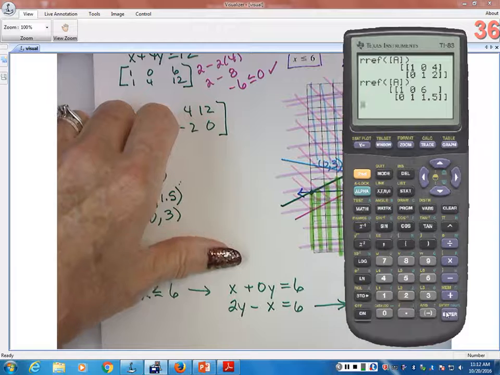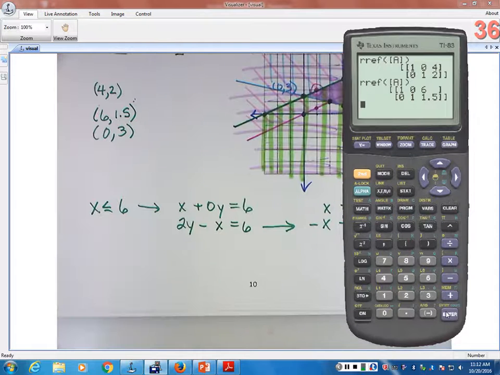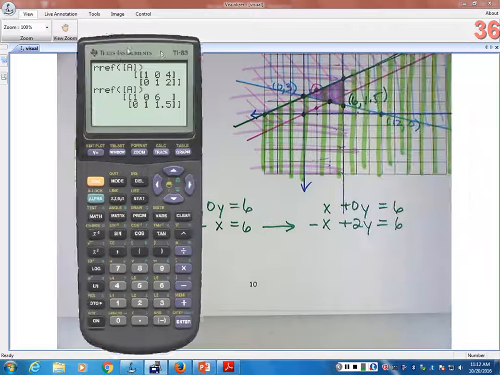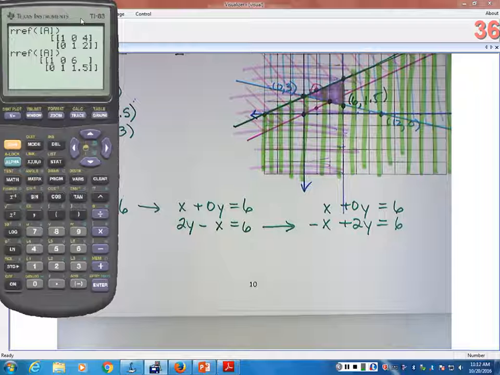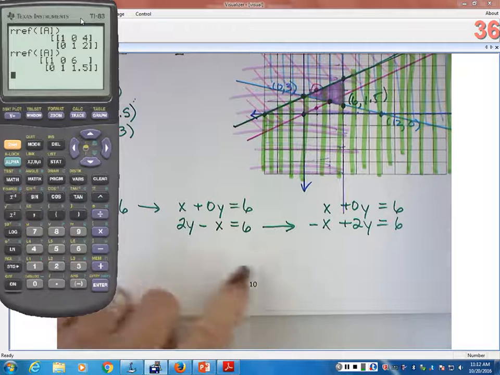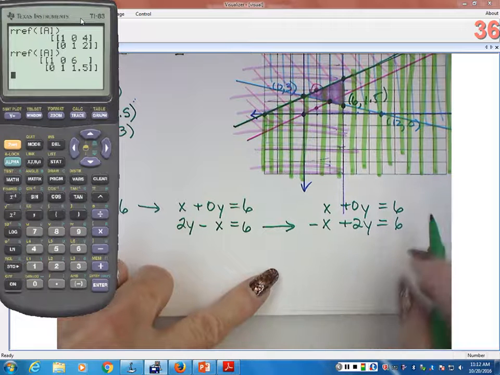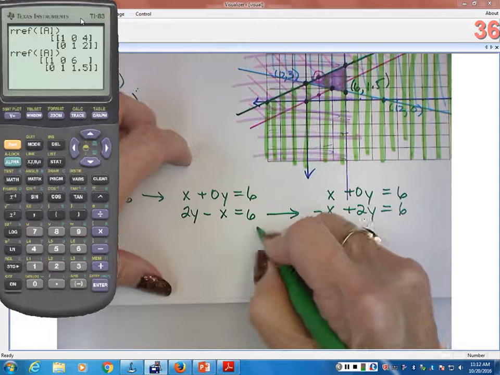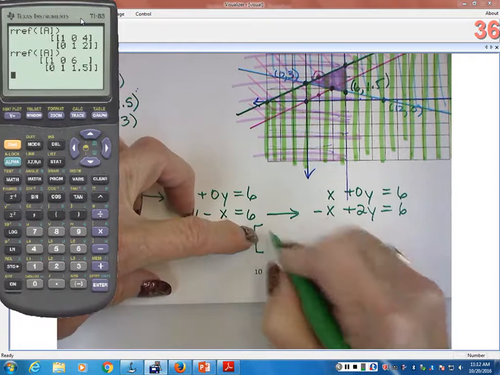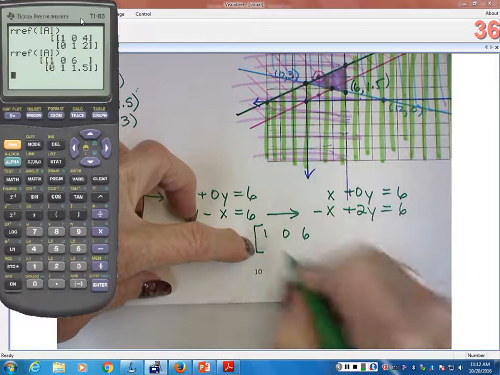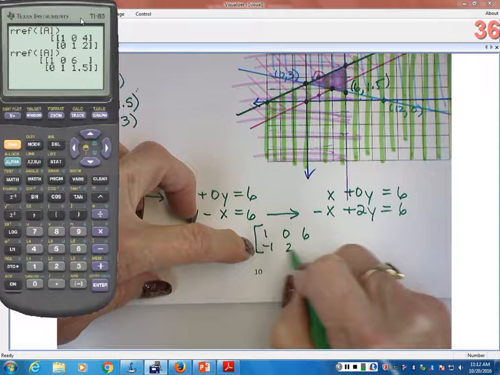So can you use the calculator? Yes, thank you. We'll move it over here. So that's going to give us, here's matrix A, this one. 1, 0, 6, negative 1, 2, 6.